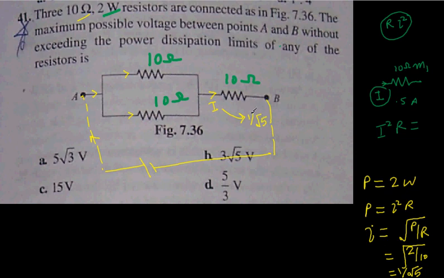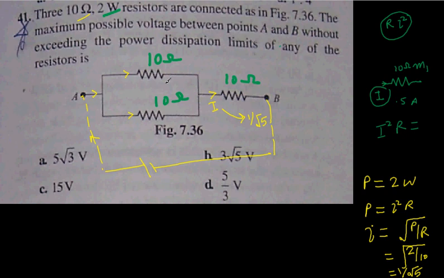Just for example, if you omit this 10 ohm resistor and have only 2 parallel resistances, then you can push 2 by root 5 current, because this 2 by root 5 current will get divided into 1 by root 5 and 1 by root 5, and both resistors will sustain that much current.